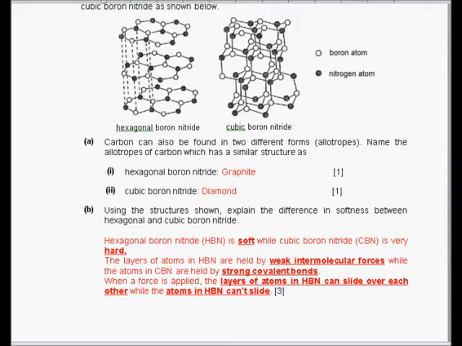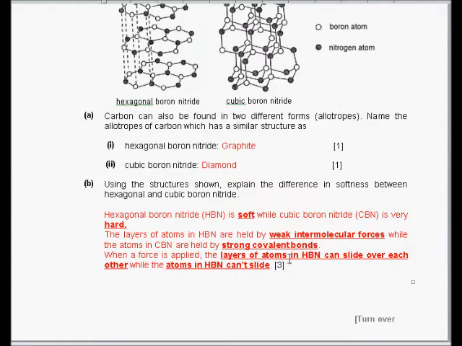So in terms of softness, you don't have to mention things like a lot of energy is needed to break the strong covalent bond. No need to explain this. You only need to explain that the layers of atoms, when a force is applied, can slide over each other due to the weak intermolecular forces.